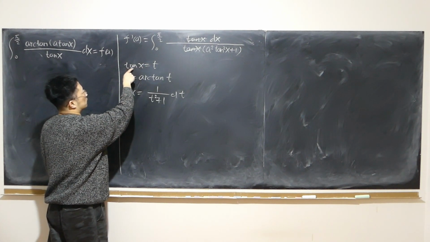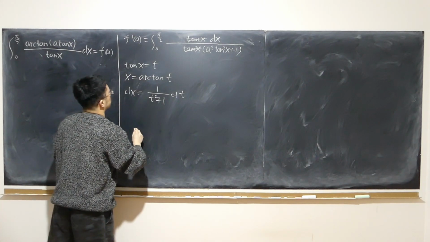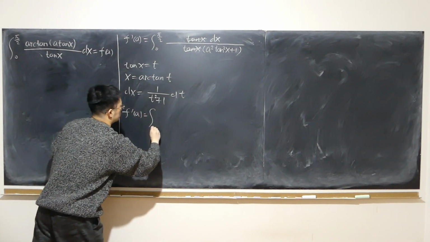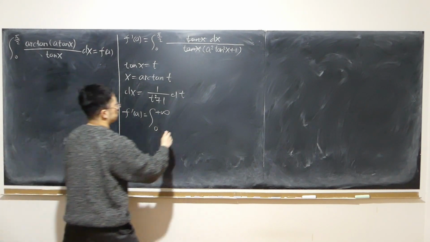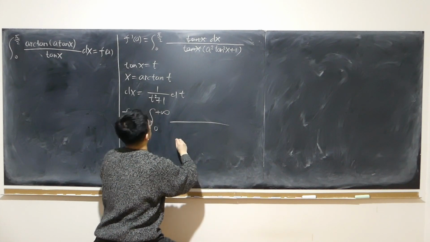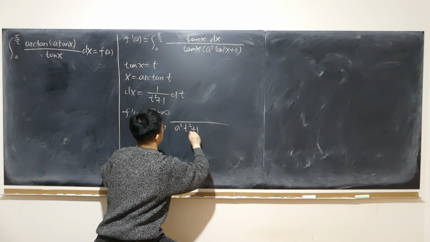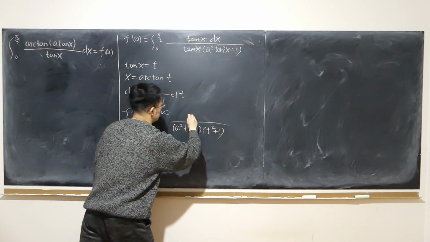And when x is equal to half pi, t is equal to positive infinity. So f prime of a should equal the integral from 0 to positive infinity of 1 over a squared t squared plus 1 times t squared plus 1 dt.